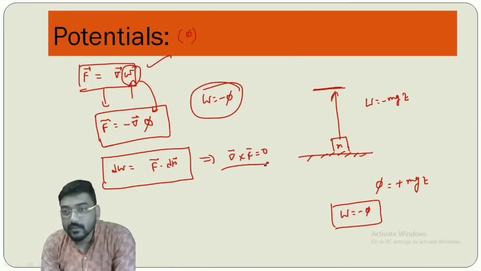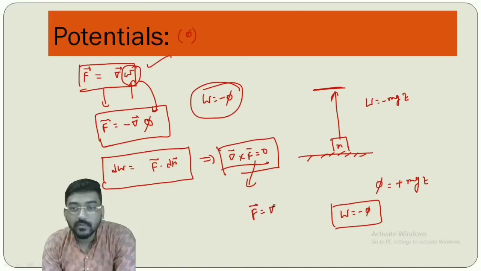Then from here we get a hint that obviously there is a w corresponding to f, such that f is equal to gradient of w.